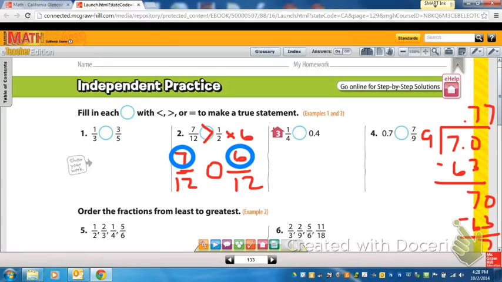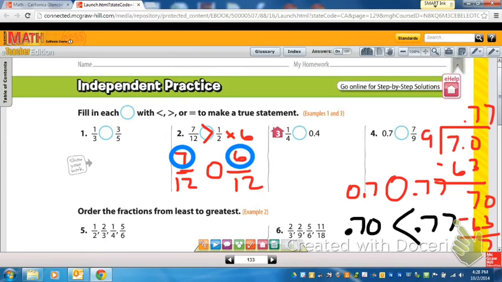So this one's going to keep on going, but 0.77 will be 7/9. So again, if we added a 0 to the 7/10, it'd be 0.70 and 0.77. So 77 hundredths would be greater than 7/10. So 7/10 is less than 7/9 for number 4.